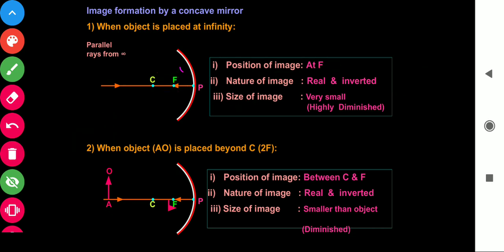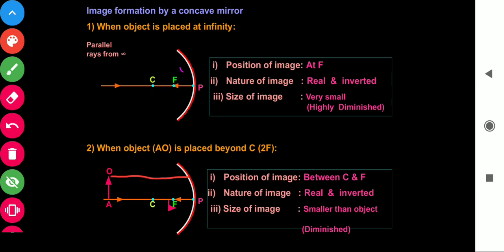Now we will take the second one. Whenever the object is beyond C, what will happen? When the object is beyond C, we will again take two light rays.